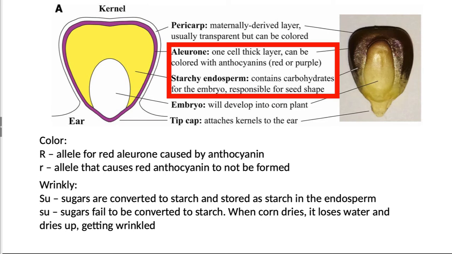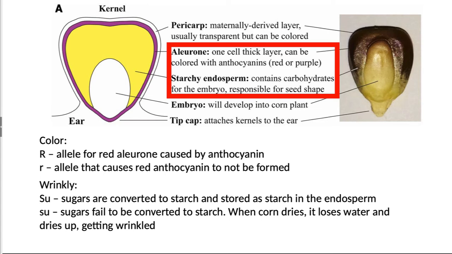Well, the one allele, which we call sugary, and it's the dominant form, converts sugars in the kernel into starch, and it stores the starch in the endosperm. Okay? The other allele fails to do this. It fails to convert the sugars into starch. And so, as a result, when the corn dries out, it loses the water and it dries up, getting wrinkled.